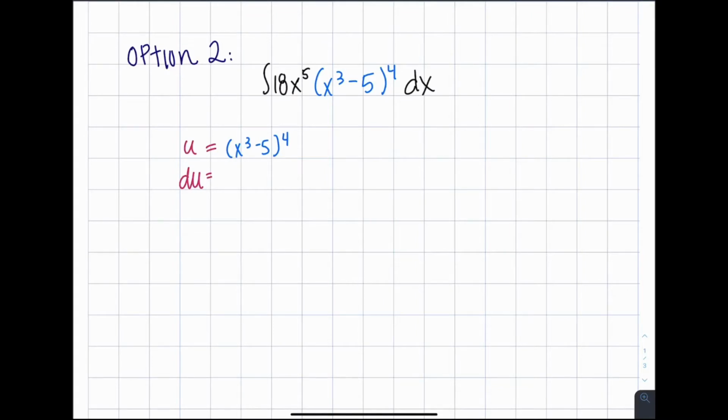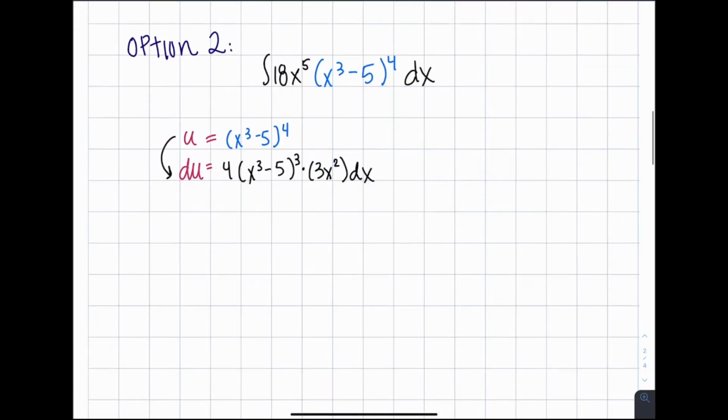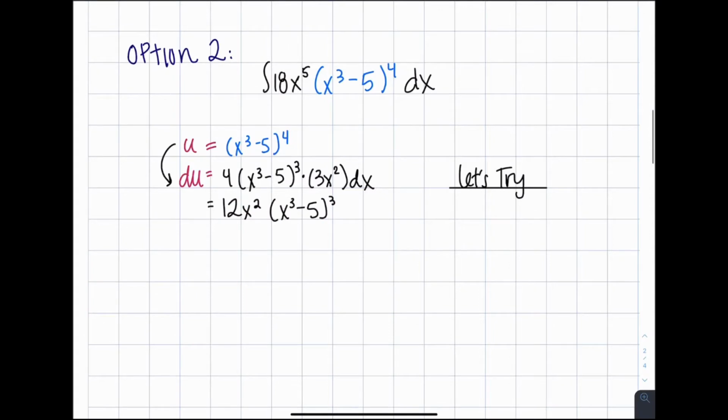Let's try the whole (x cubed minus 5) to the 4th as our u, or the other section of the integral. Our du would end up being 12x squared times (x cubed minus 5) to the 3rd dx. Now that's a pretty complicated du in my opinion.